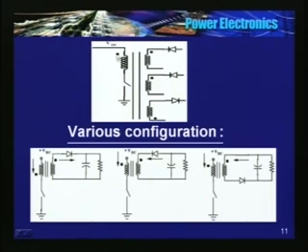Another important advantage is that you can have multiple outputs. In a buck boost or Cuk converter, there is one input and one output, whereas here you can have one input and a large number of outputs, with a large number of secondaries.